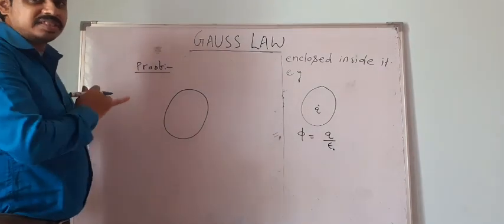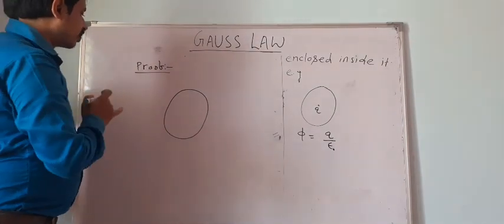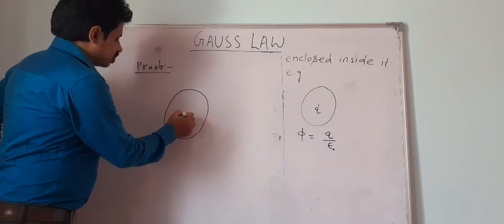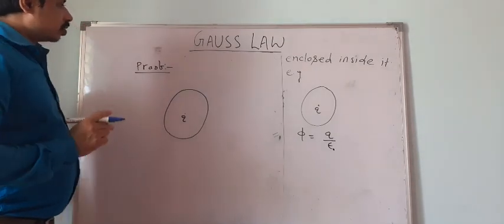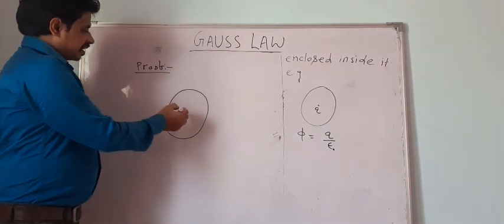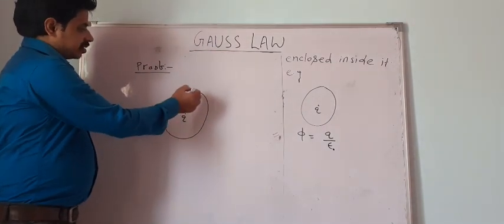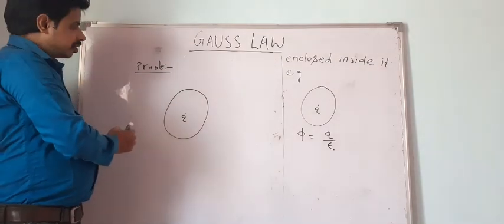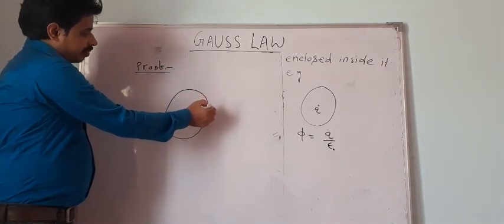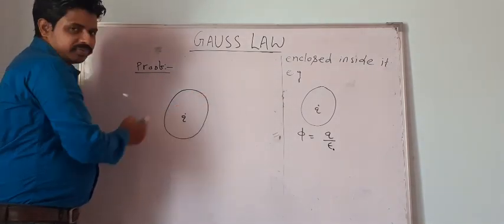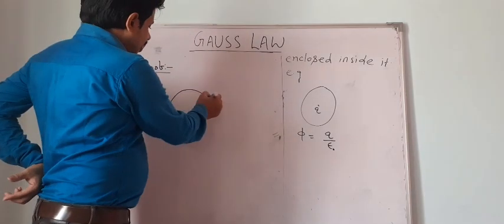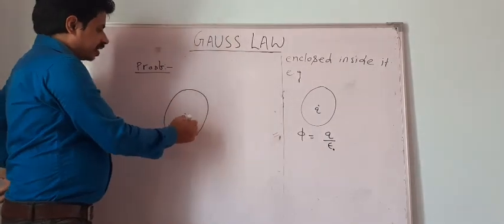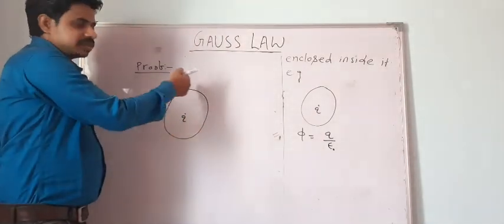I'm not taking any fixed geometry, a random closed surface, and there is a charge q inside it. So since this surface is irregular, the distance of different points on this surface will be different from this point charge, and hence the electric field will also be different on the surface of this closed surface.